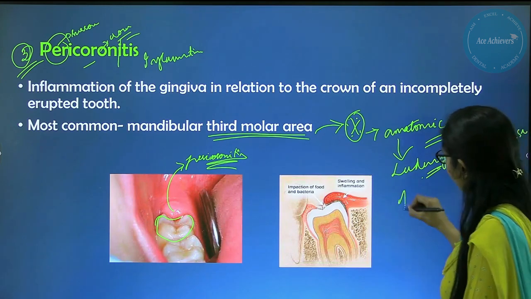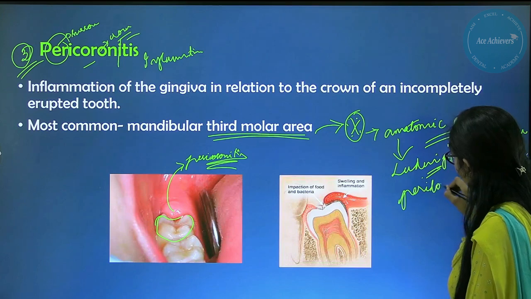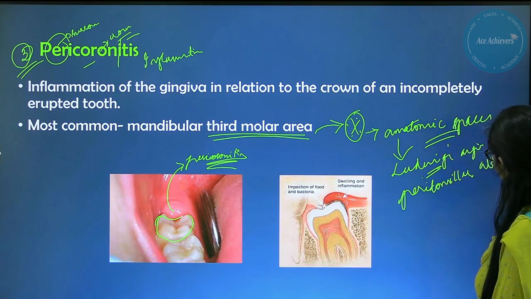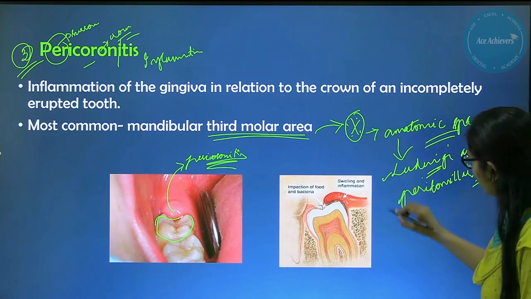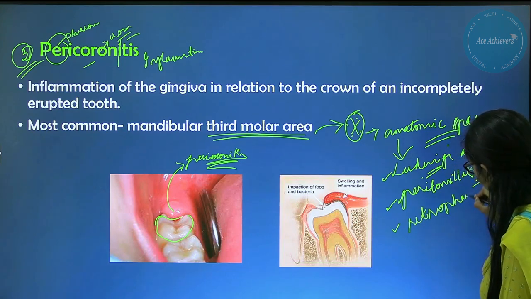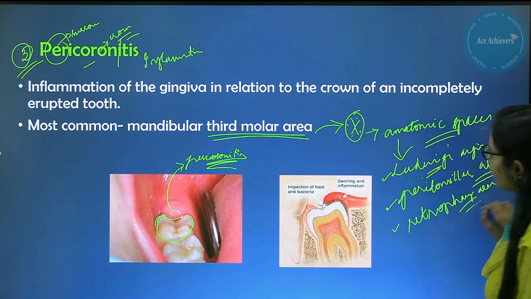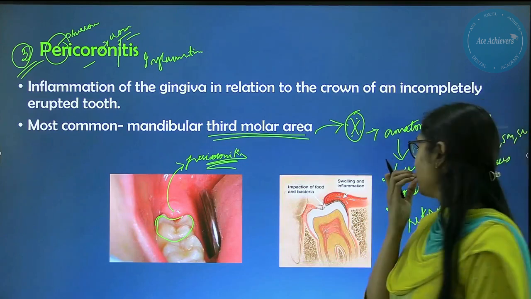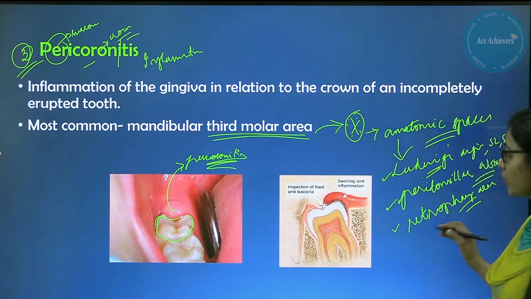There might be formation of a peritonsillar abscess, and involvement of retropharyngeal areas. That is why this is a very important life-threatening condition, and it has to be treated as soon as possible.